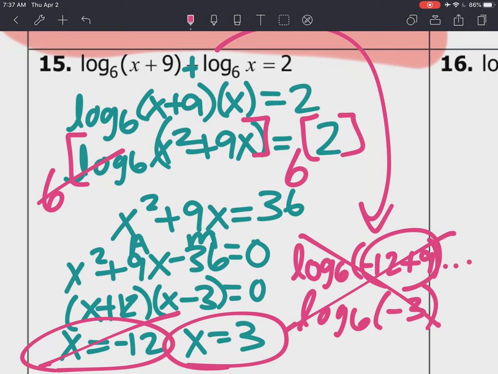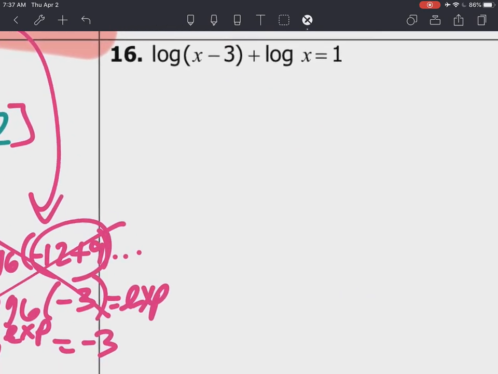Therefore, this one's extraneous, and this one's your right answer. And in case you're wondering how I knew it was not possible, the 6 goes here. When you're doing logs, you're always solving for your exponent, and your value is negative 3. Is there any exponent that will turn the original base into a negative? Absolutely not.